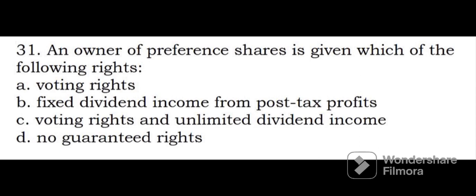Question number 31. An owner of preference share is given which of the following rights? A. Voting rights, B. Fixed dividend income from post-tax profit, C. Voting rights and unlimited dividend income, D. No guaranteed rights. So preference shares are basically where the company issues a certain amount of shares at a preferred rate or with preferred privileges, right?